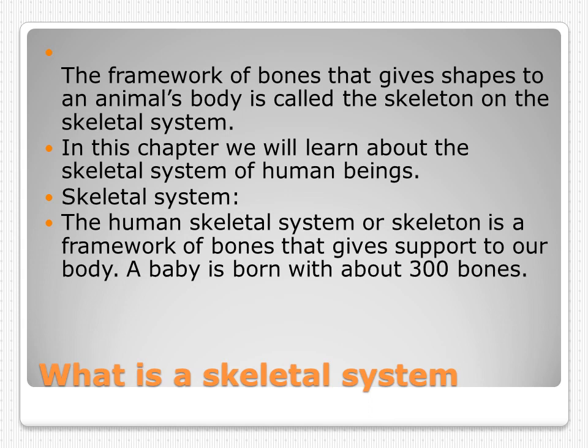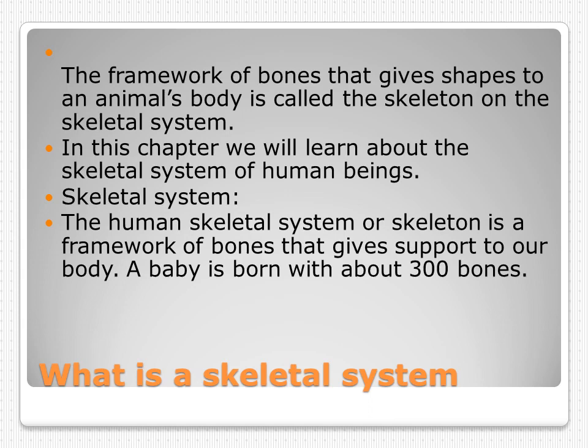We'll start our chapter. What do you mean by a skeletal system? What is a skeleton? In your human body, have you seen that some bones are there, right? All the bones together form the skeletal system. Suppose you did not have the bones, what will happen?